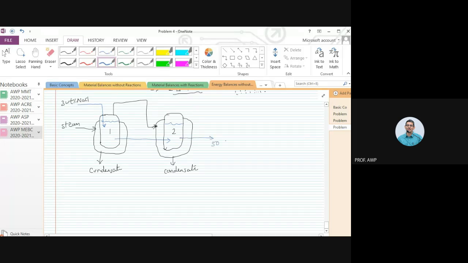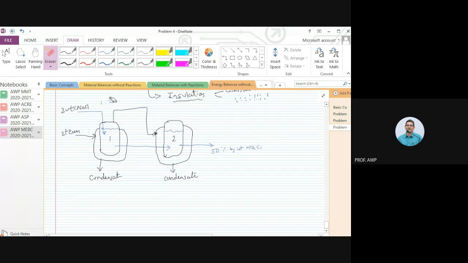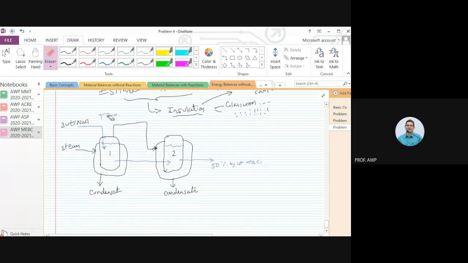This we wanted, let's say 50% by weight NaCl. The first one is operating at atmospheric pressure. The second one is operating at less than 1 atmosphere absolute pressure.